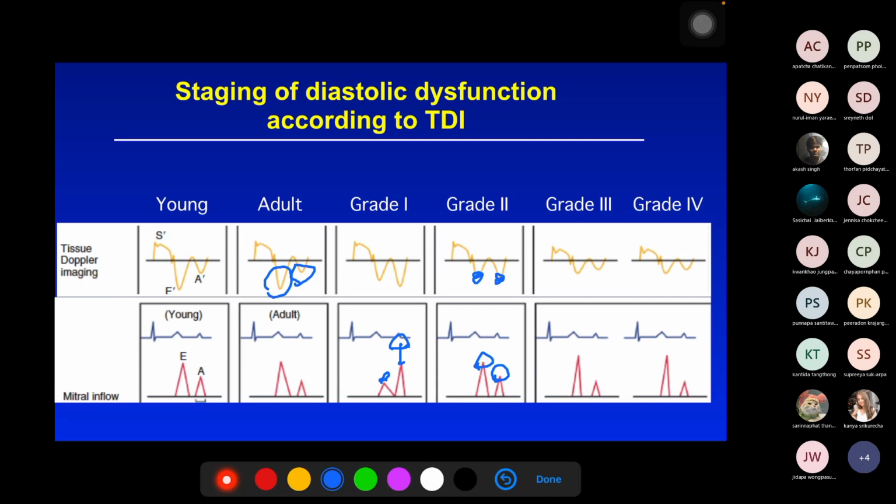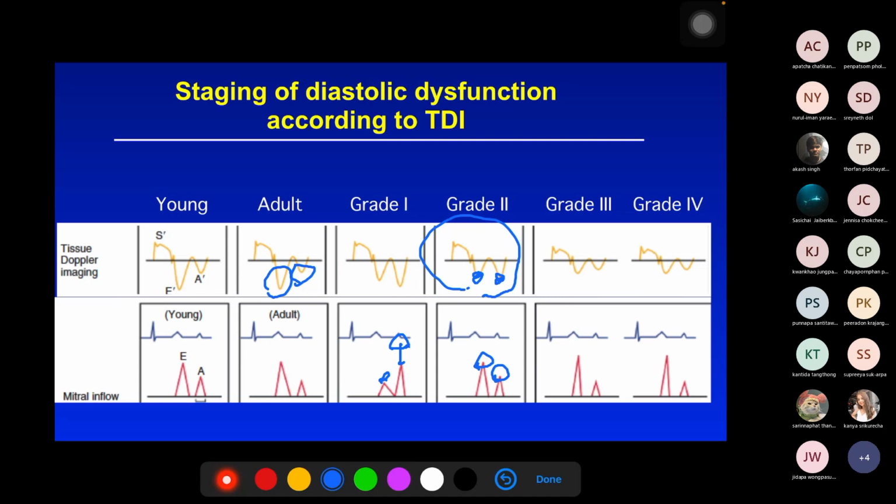But you see in the MV inflow, you see E over A. In the tissue Doppler imaging in grade 2 diastolic dysfunction, E prime and A prime are both decreased. Okay, so you should use this one to differentiate between grade 2 and normal.